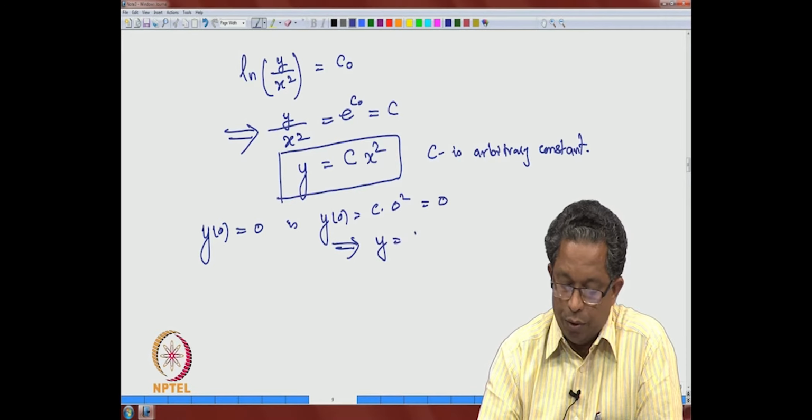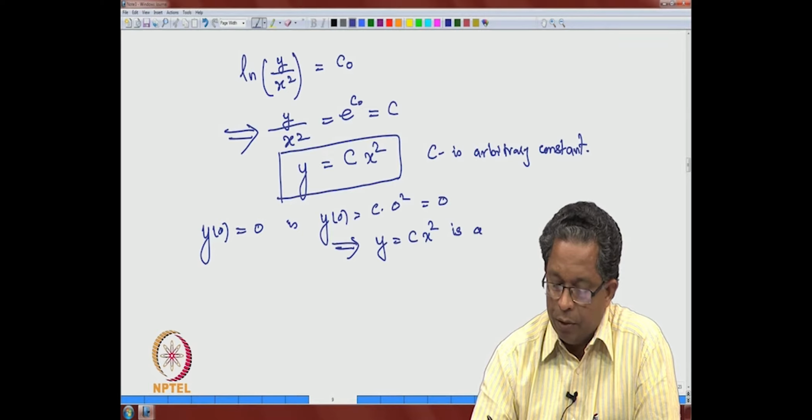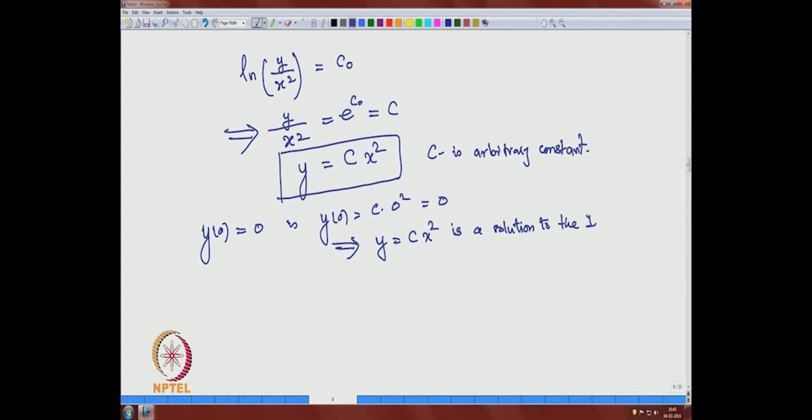So therefore, y is equal to C x square is a solution to the initial value problem.